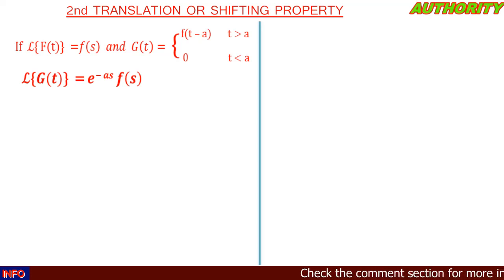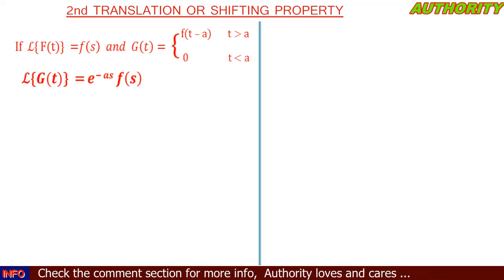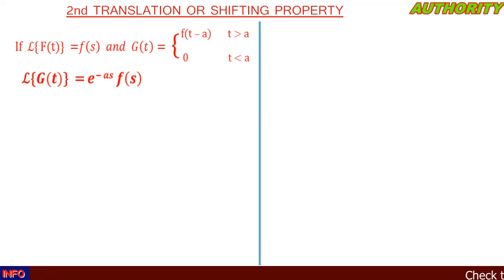It could be f of t minus a, or it could be 0 depending on the value of t. So if t is greater than a, then g of t will give us f of t minus a. But if t is less than a, then g of t is going to give us 0. Okay, now the Laplace transform of this g of t combined with these conditions is giving us e raised to the power of minus as F of s.